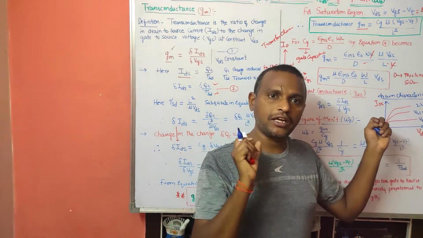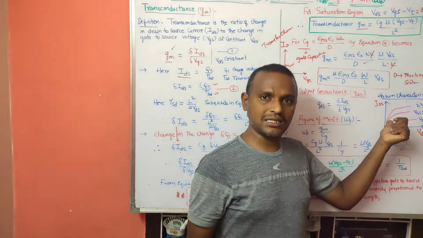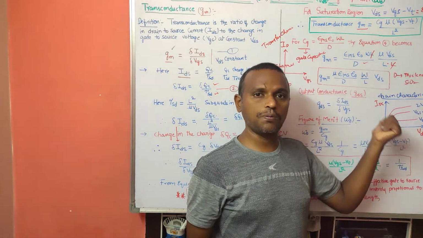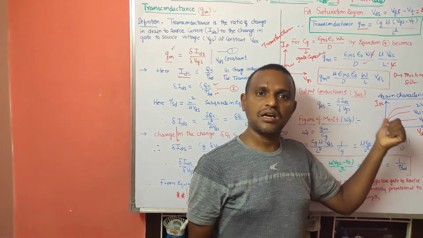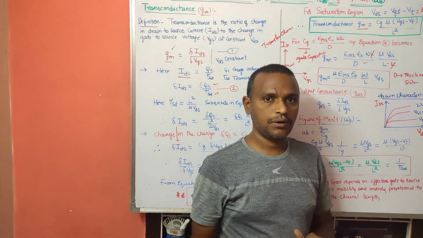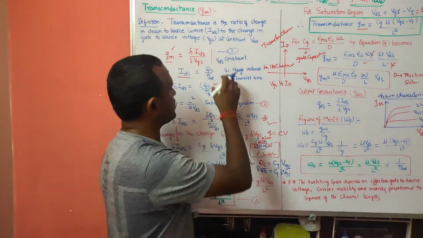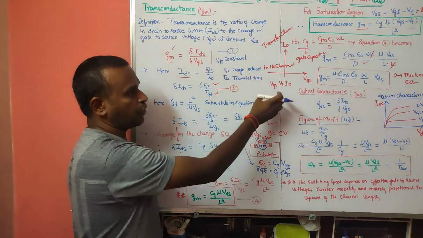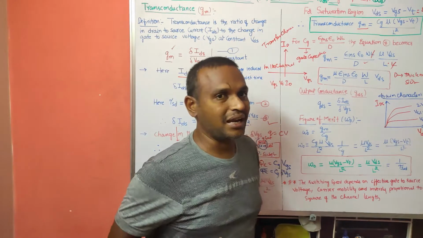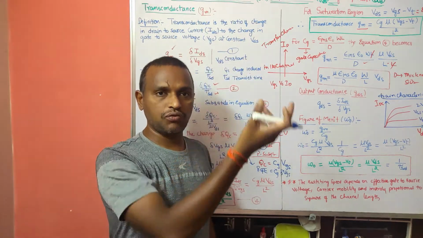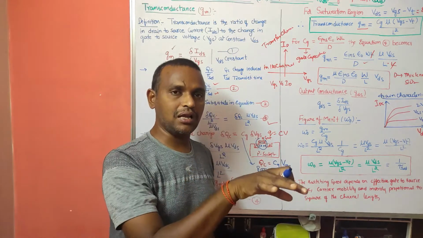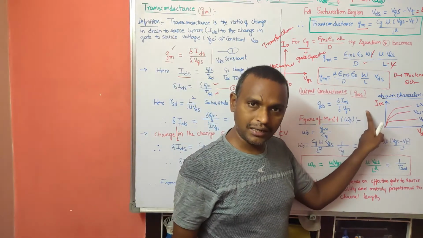If you find the conductance for this output characteristics, that conductance is called the output conductance in our MOSFET. How do we consider the transconductance? If you calculate the conductance value by taking VGS and ID, we call that transconductance. Similarly, here we have the output conductance.